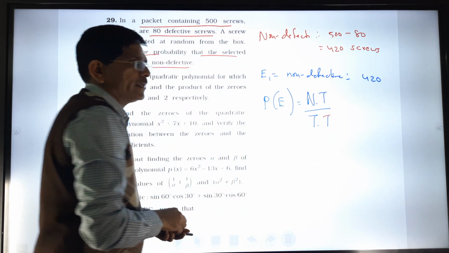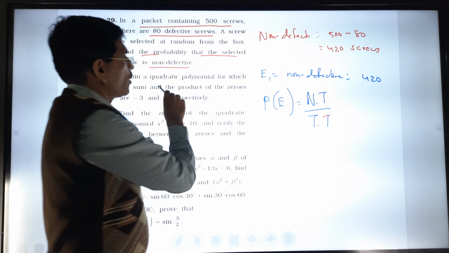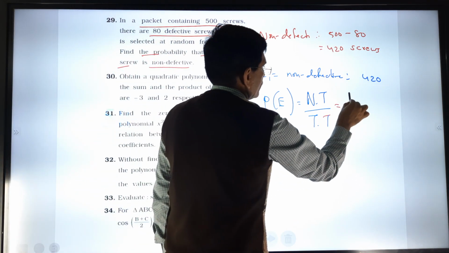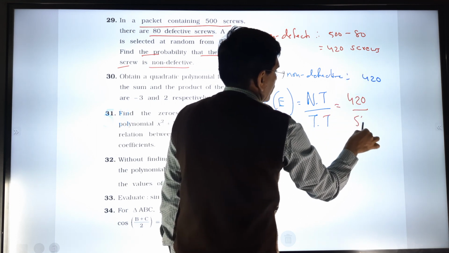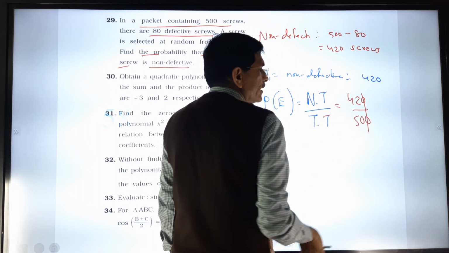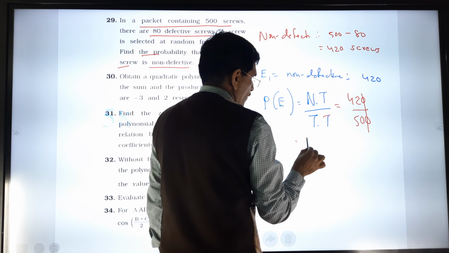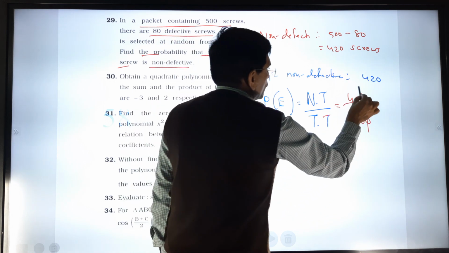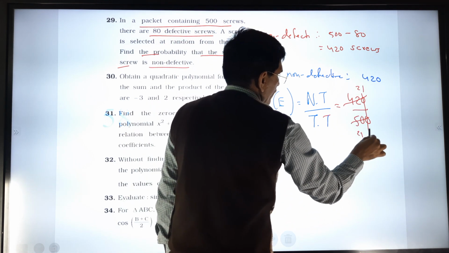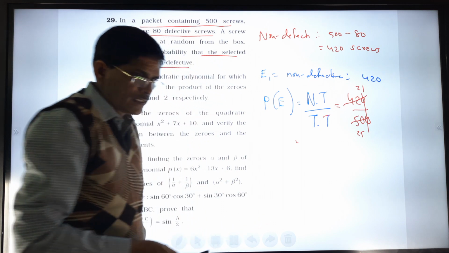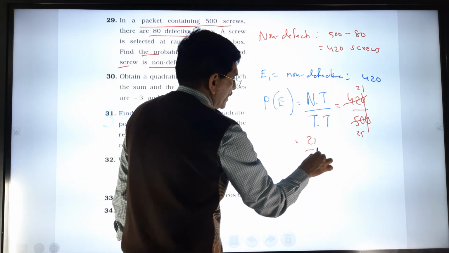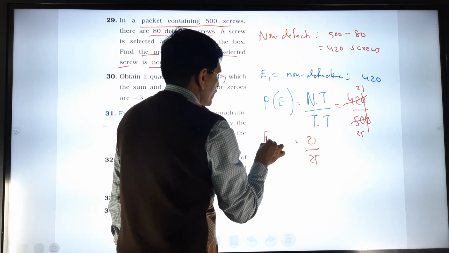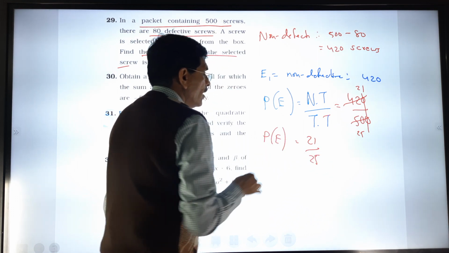For non-defective it's 420, and the total trials are 500. So we can easily cancel it. If I divide by 20, then 21 upon 25. So the answer is 21 upon 25. That is P(E).